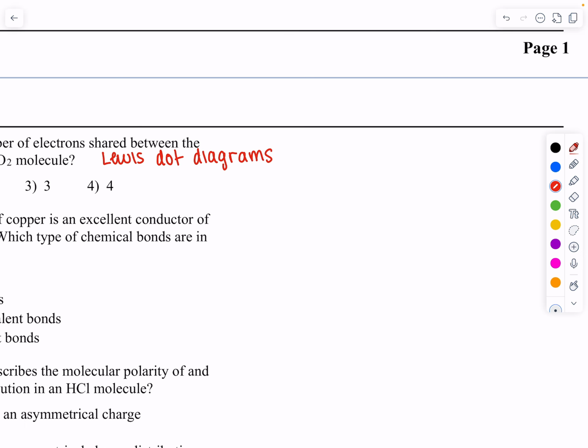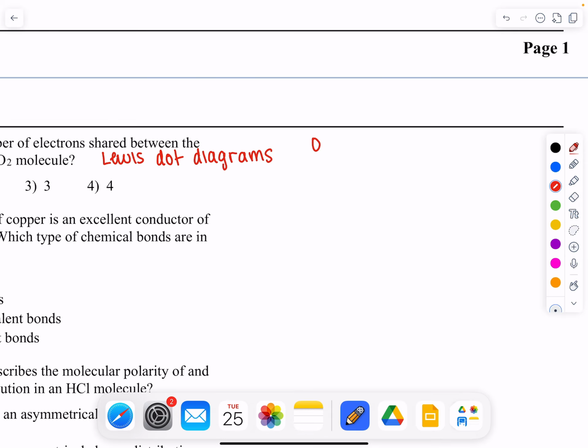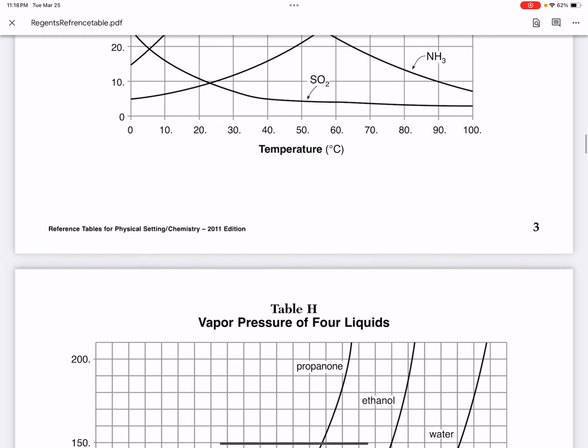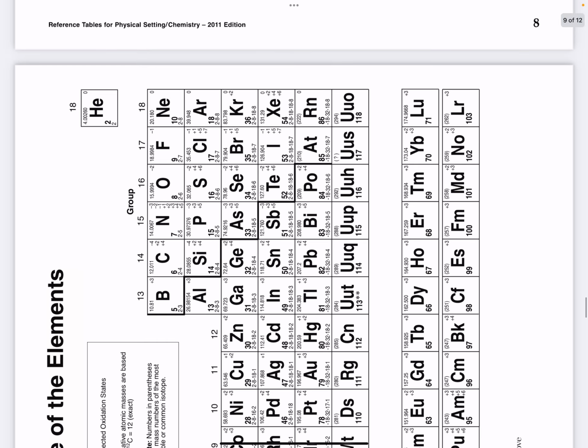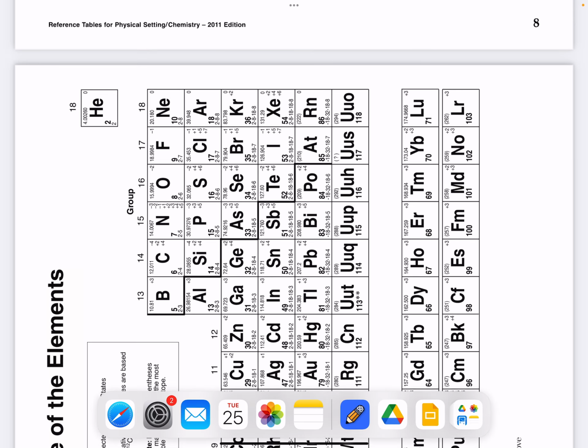So you start by counting the number of valence electrons you have, because remember, in bonding, only valence electrons are allowed. So oxygen, I believe, has 6 valence electrons. Let's double check. Looking at the electron configuration of oxygen, it has 6 valence electrons, yes.